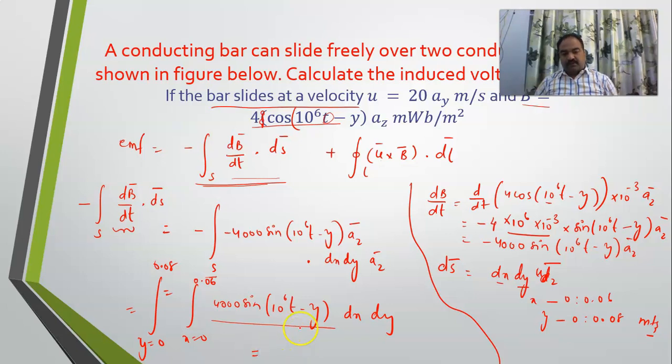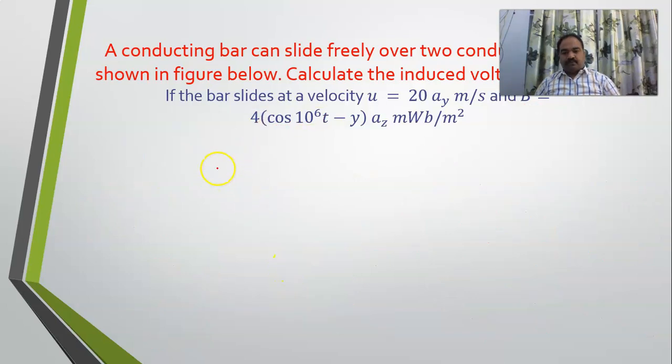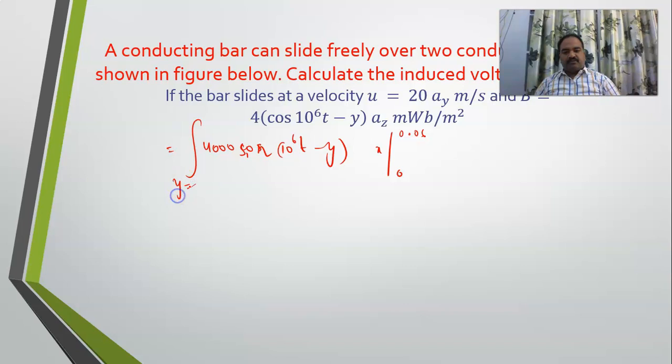Okay, I'll do it on the next page. So 4000 sine 10 power 60 minus y. I don't have x, so x I'll take from 0 to 0.06, and I am still supposed to do it for 0 to 0.08 in terms of dy.